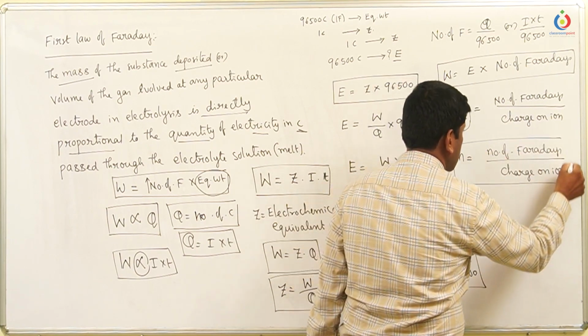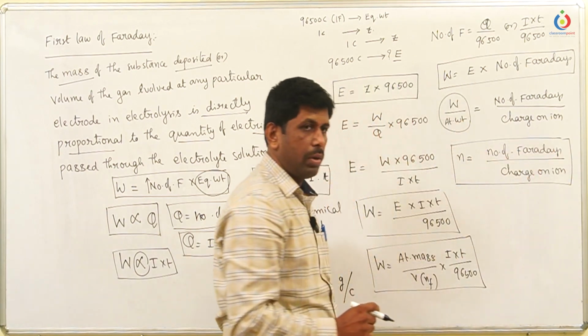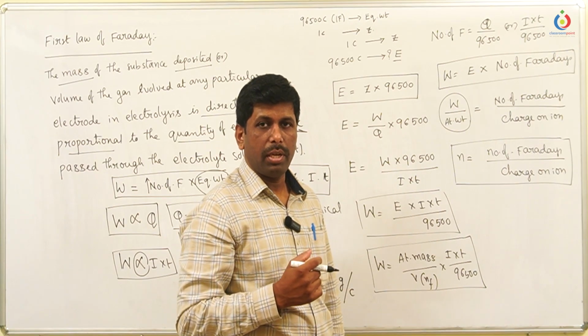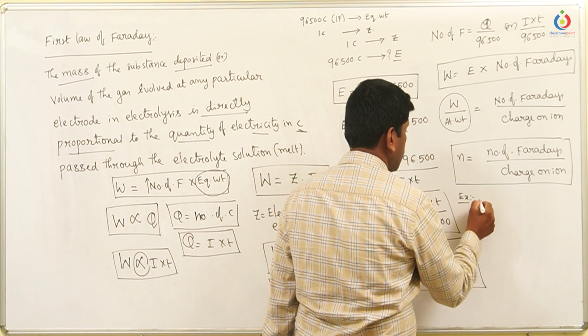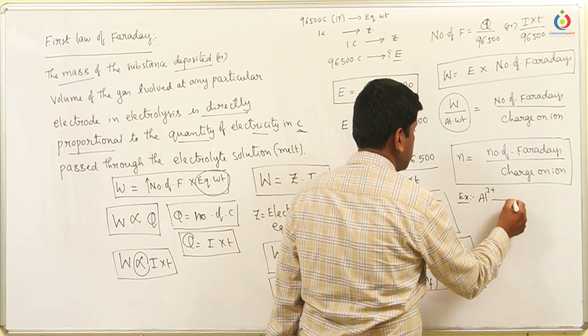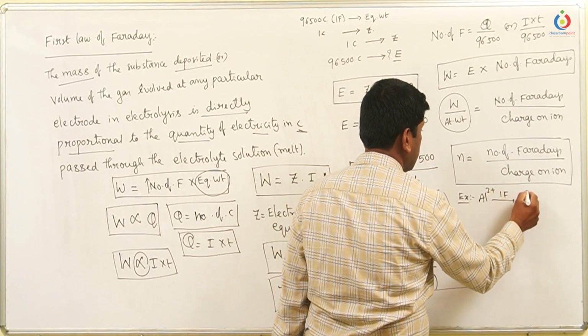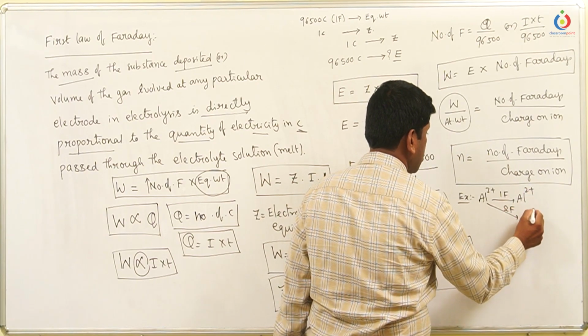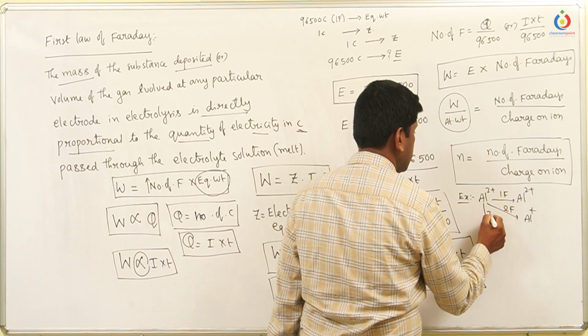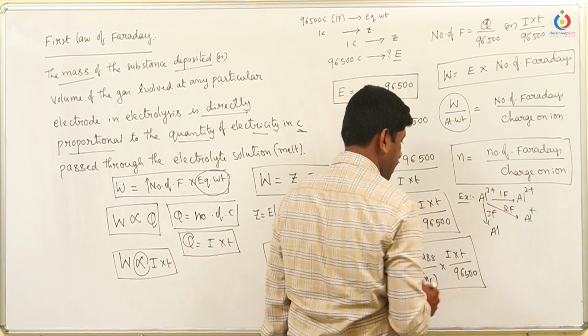Already regarding this calculation, we have done one calculation using magnesium and aluminum also. So I will take the example once again. Aluminum 3 plus: by sending 1 Faraday of electricity it gives Al 2 plus, by sending 2 Faradays of electricity it gives Al plus, and by sending 3 Faradays of electricity it gives Al.